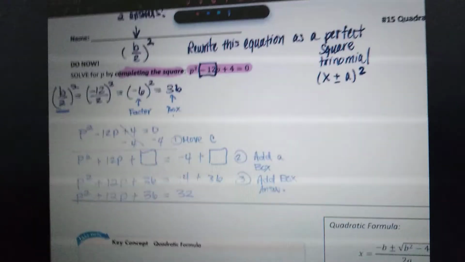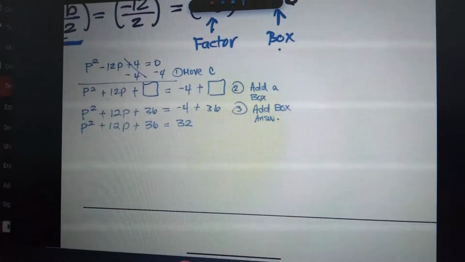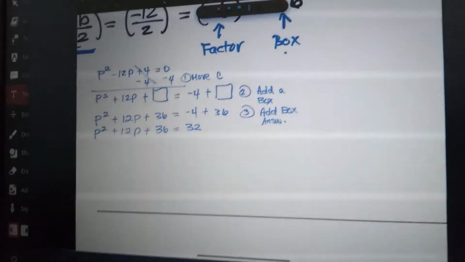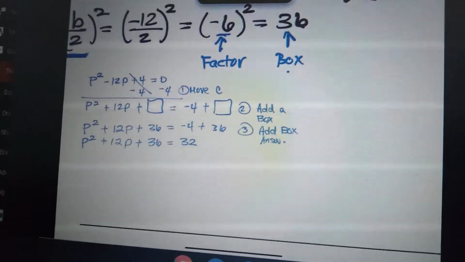Good. Let me resize this because I'm running out of space. There we go. And then I'm going to zoom back in. All right. So now what? Now I factor. But I don't really need to factor because I already know the negative 6 is my factor.